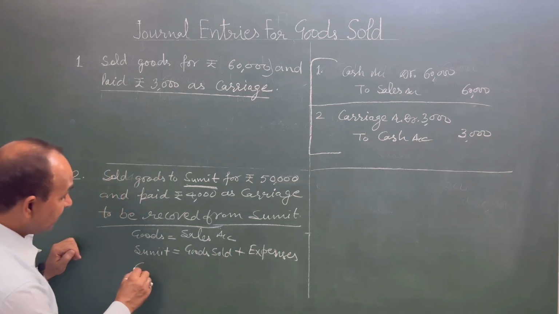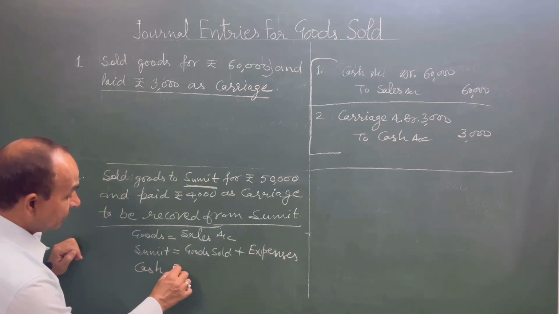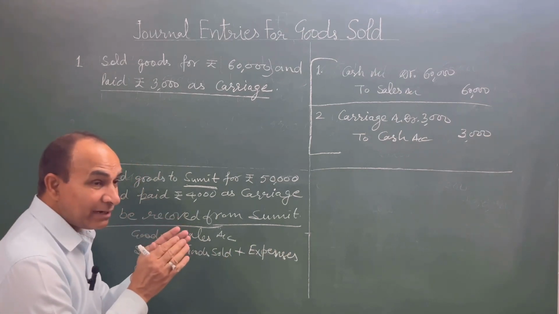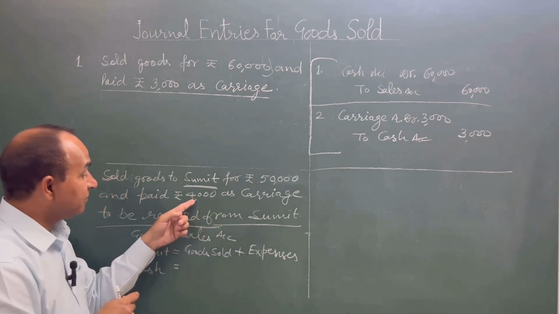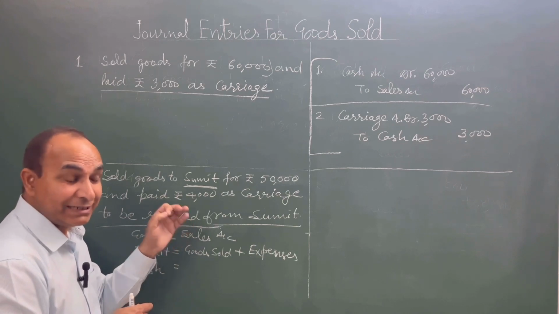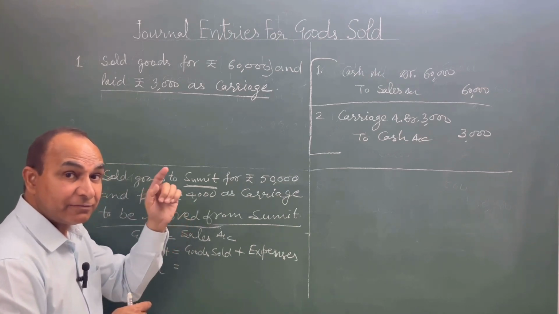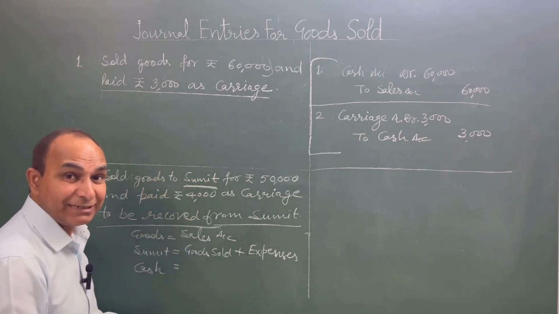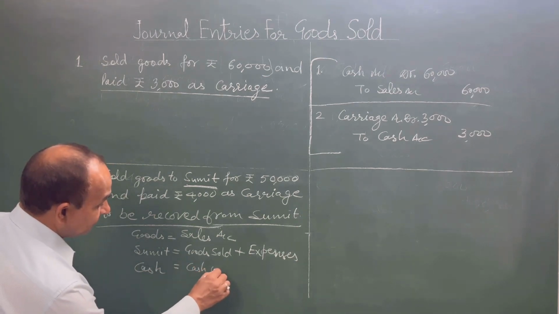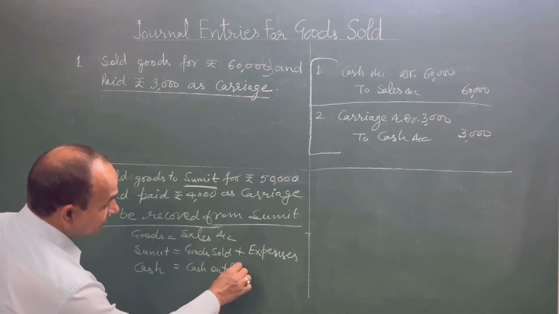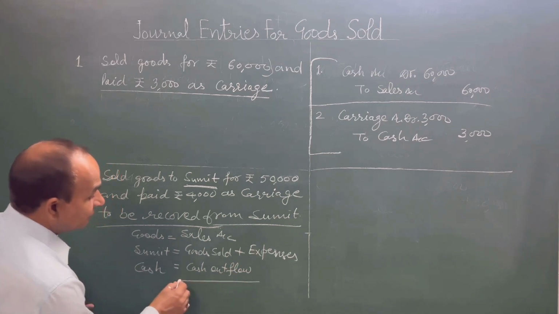And the third account involved is cash, because there is a cash outflow of rupees 4,000. No doubt this amount will be recovered from Sumit later on, but presently we paid this amount, so it is a cash outflow. So there are three accounts involved.